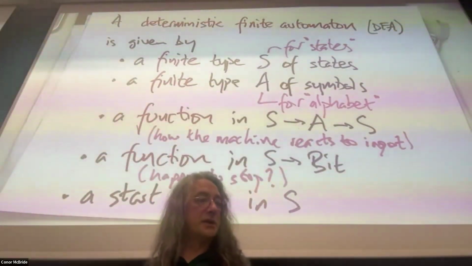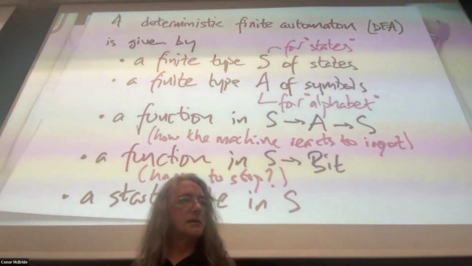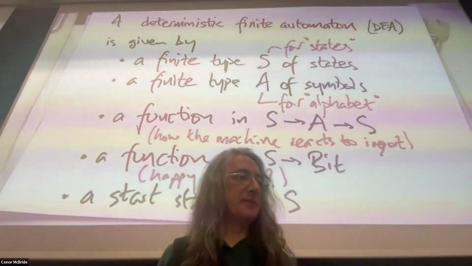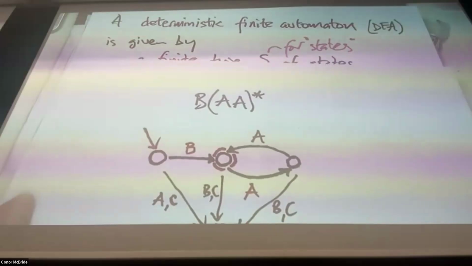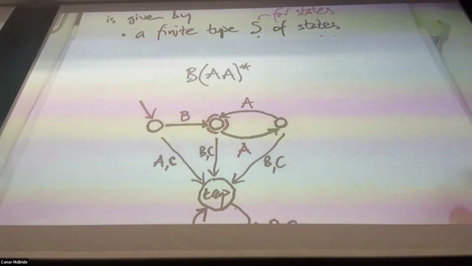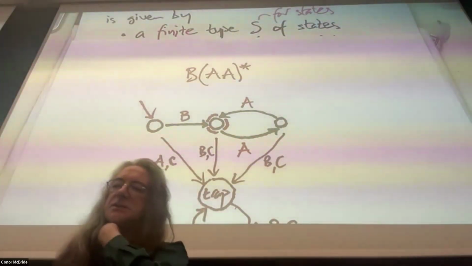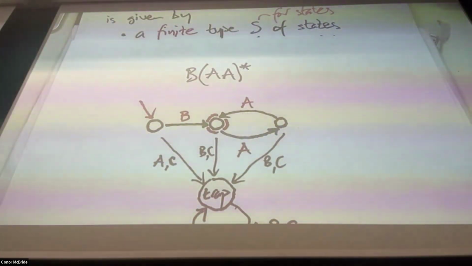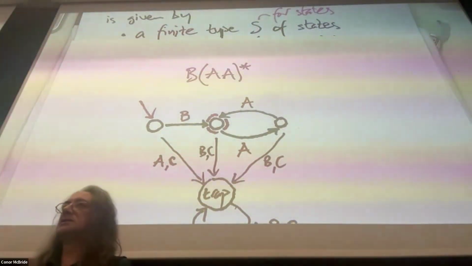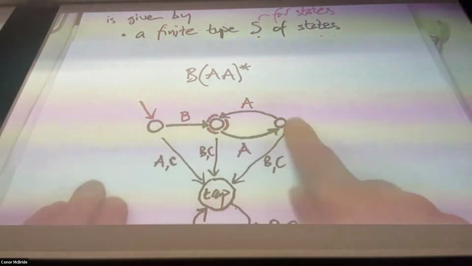How are we doing? Is it worth actually taking a picture and saying exactly how it corresponds to the definition? Okay, here we go. Finite type S of states. You can see that formally this automaton has 4 states: the 3 I originally drew and the trap.